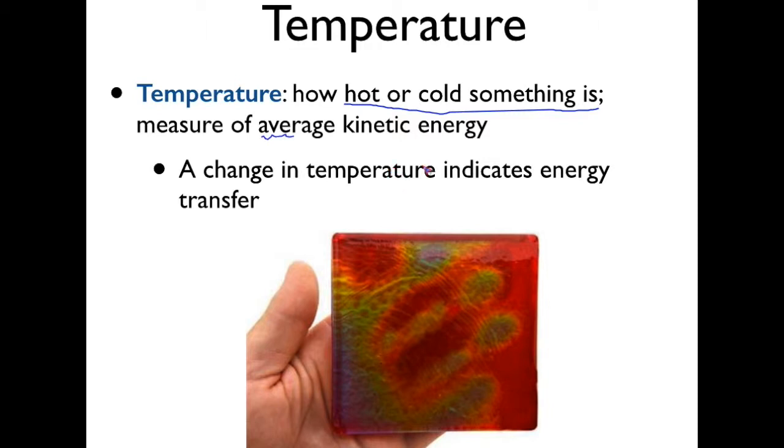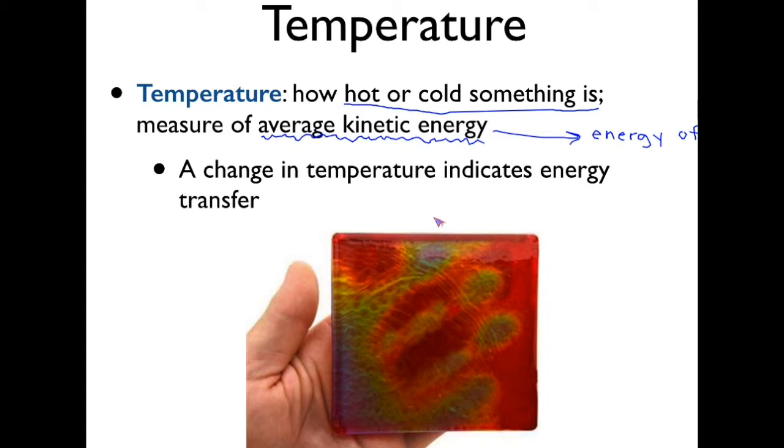But really, it's a measure of the kinetic energy. And remember, kinetic energy is the energy of moving. I know this was from way back in the beginning of the year, but it'll help remind you.